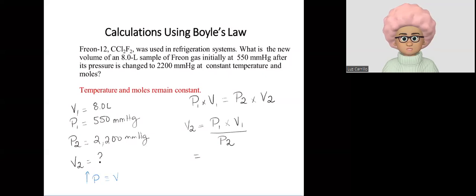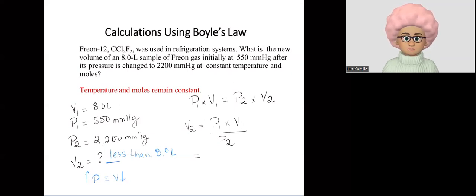So what that's going to do to the volume is that it's going to decrease. So most likely we can already estimate that V2 is going to be less than 8.0 liters, because since I know that the volume is going to go down, the value of V2 is going to be less than 8.0 liters.